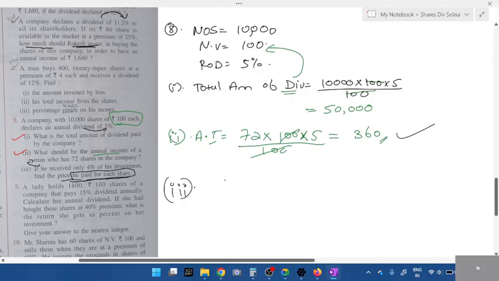Okay, you can use investment. Okay, I'll do one thing, students. If he received only 4% of his investment, what was the formula? Profit, dividend percent of.